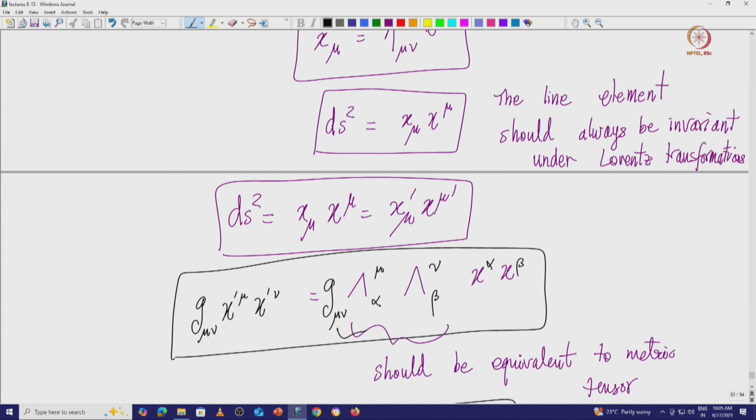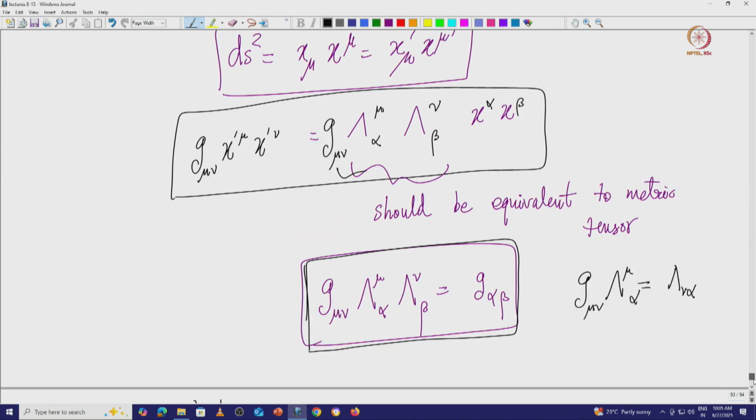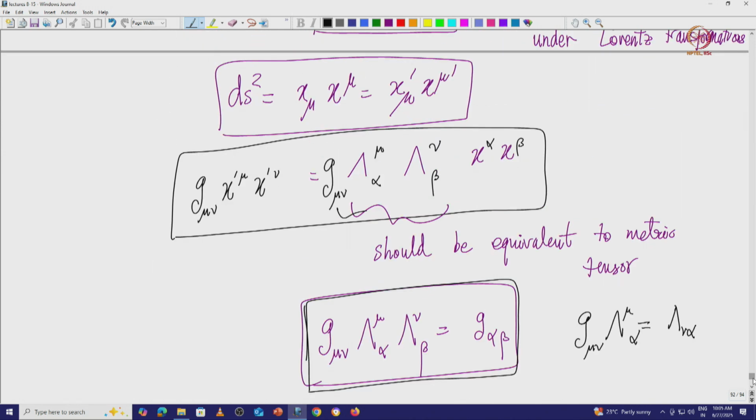This should be this, and now you see, the condition is that whatever appears here should be the same as this, because x alpha x beta and this thing should be equivalent to the metric tensor. So this means that you have g mu nu lambda mu alpha lambda nu beta is equal to g alpha beta. That's the condition you end up having.